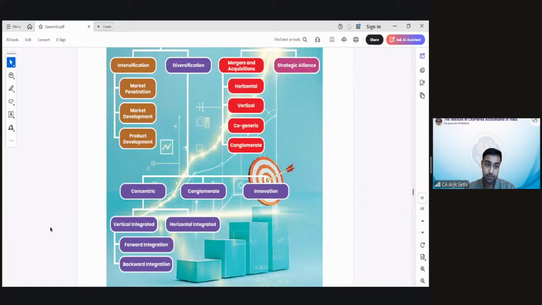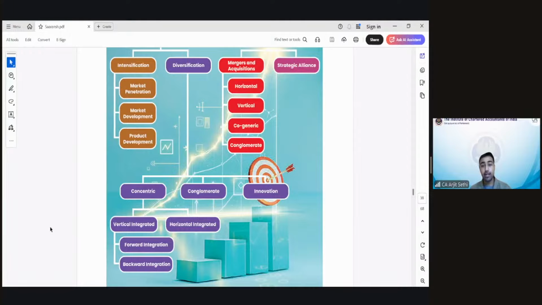Is it really a merger, Shagufta? Is it co-generic? She buys that consultancy, acquisition, khareed liya.